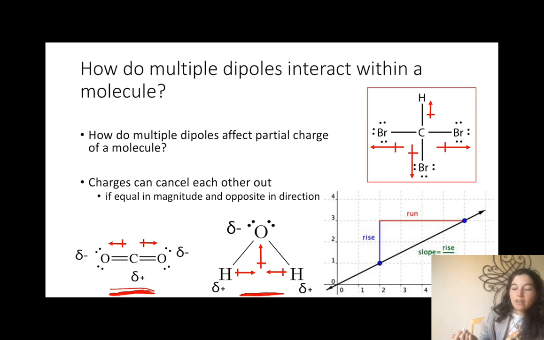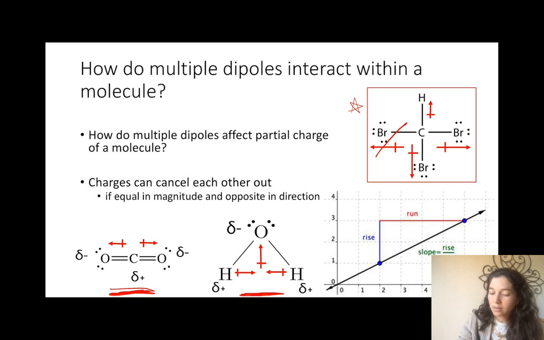So what I like to think of it as, here's a nice example up here as well with the carbons with the bromines and the hydrogens off of them. We can see that the bromines are pulling this way in equal but opposite directions, so they kind of cancel each other out here. But if you'll notice, we've got a hydrogen on top and we've got a bromine on the bottom.